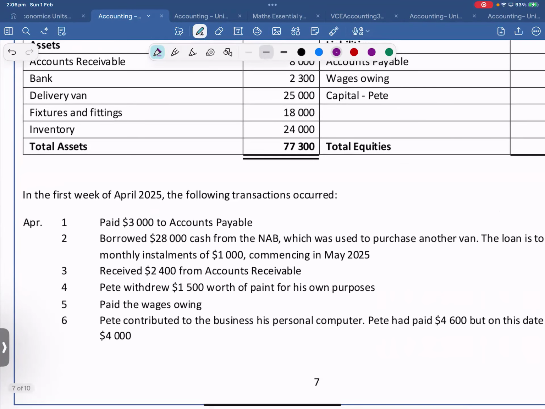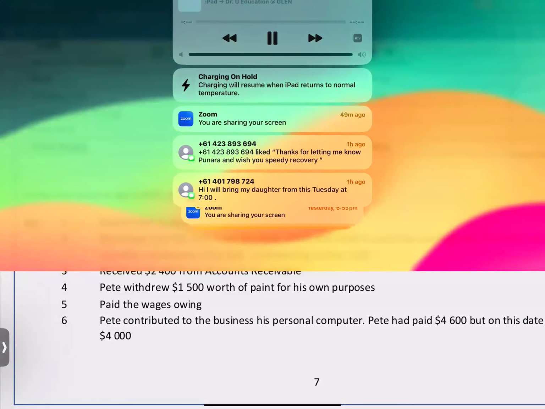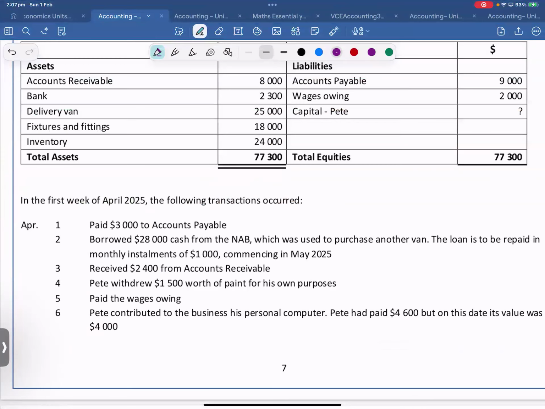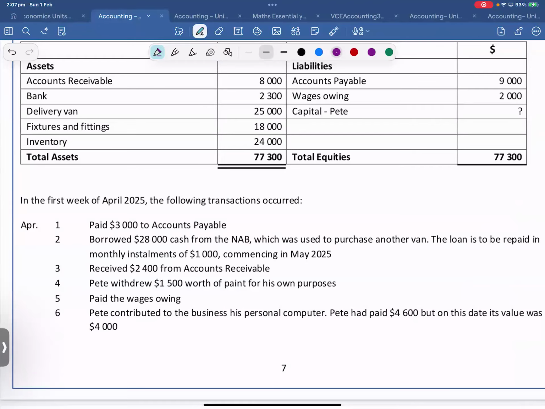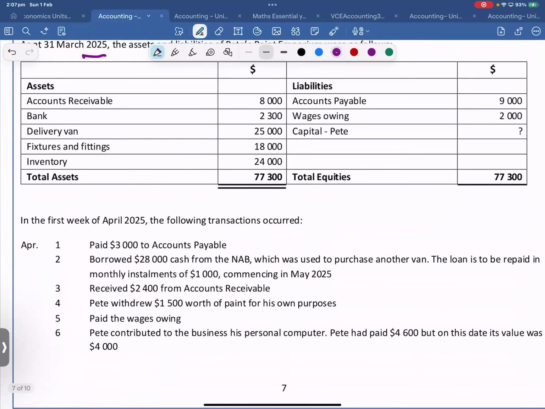In the first week of April, now good. Then Tanisha, this one, have a look.